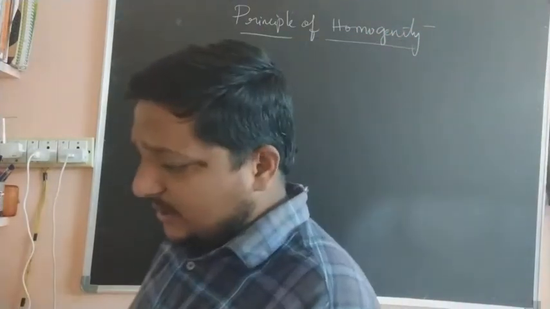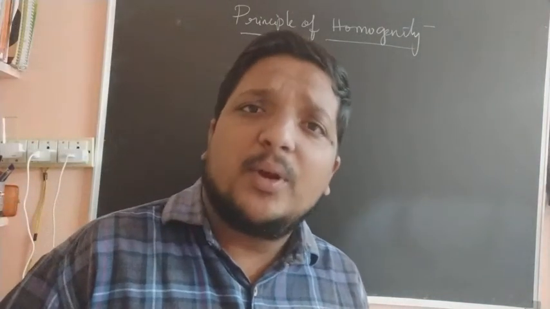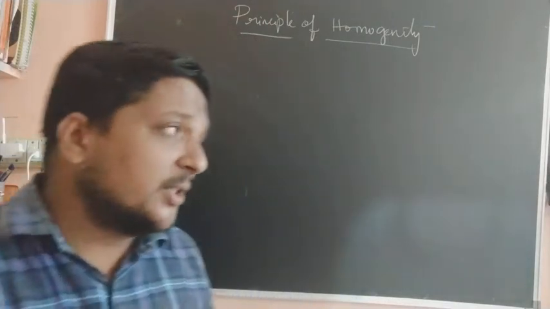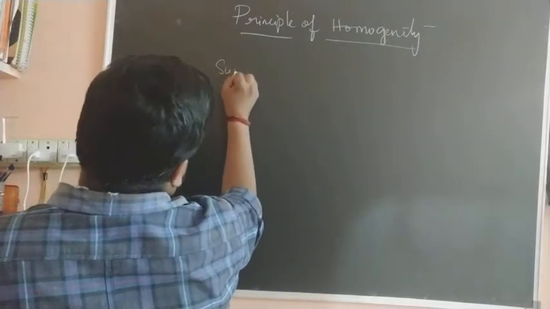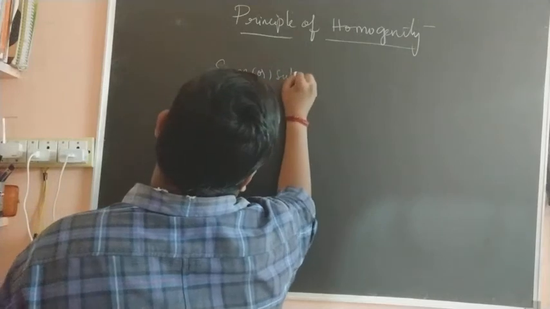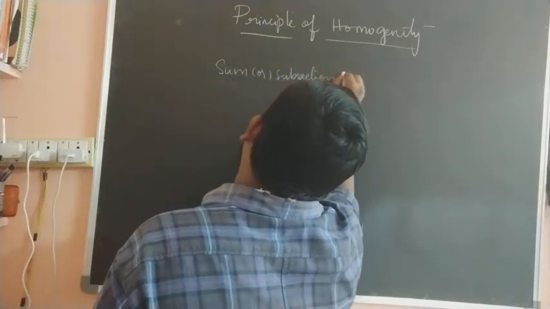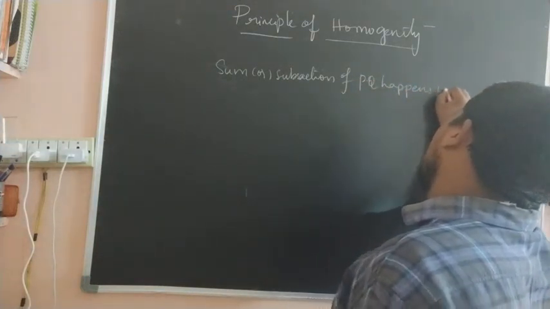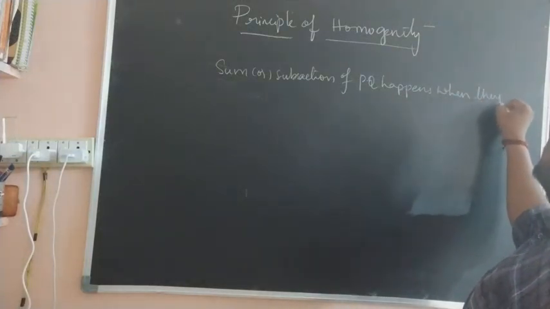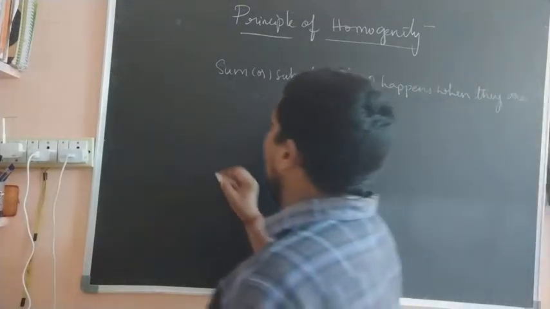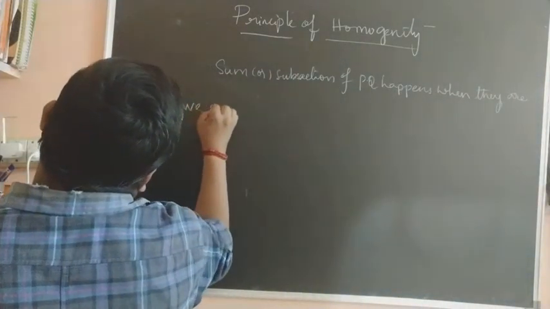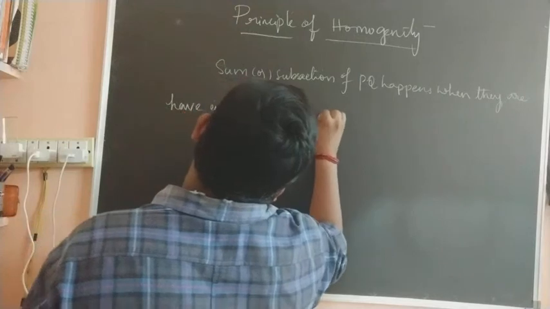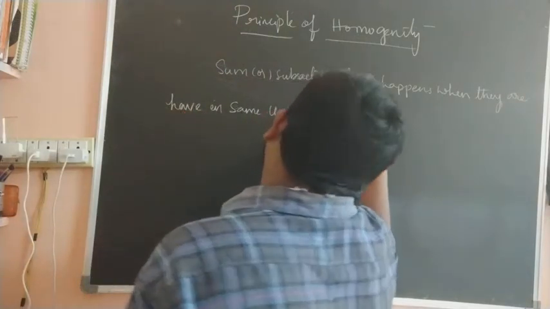The principle of homogeneity says that addition or subtraction of physical quantities happens only when they have the same units or the same physical quantity.